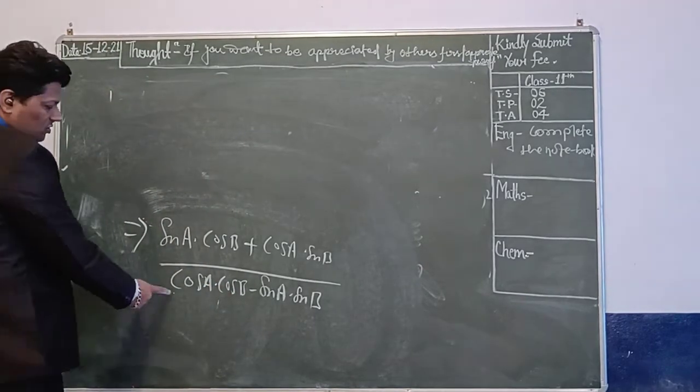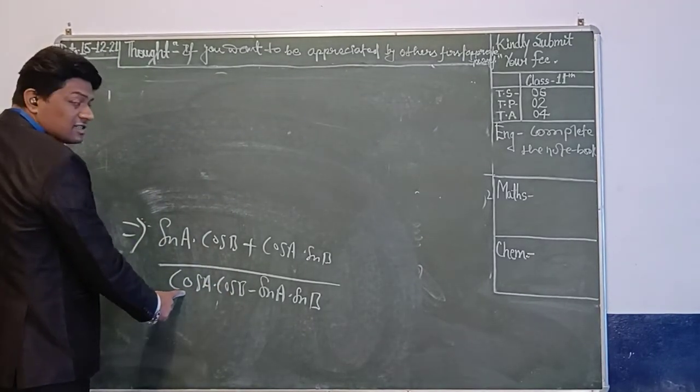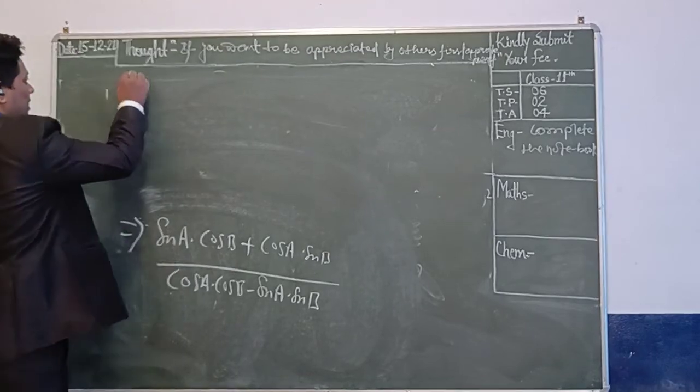Why are we dividing by cos A into cos B? Because here there is a need for 1. Is it clear?